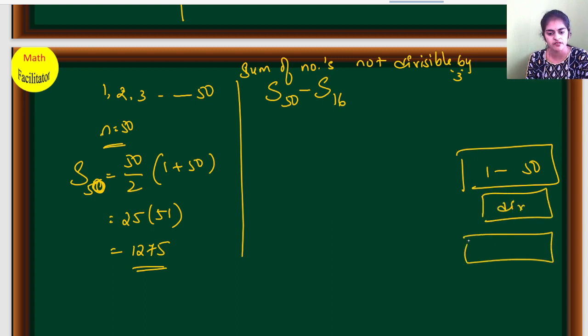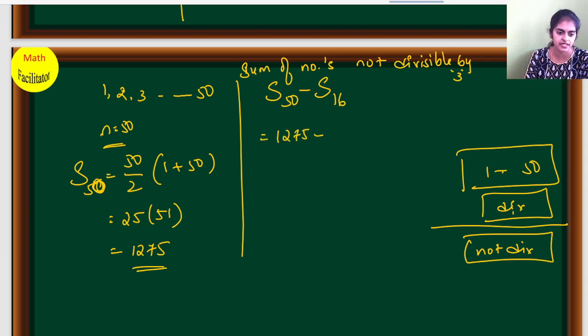If I subtract these two, I'll get the sum of the numbers not divisible. So it is 1275 minus 408. You will get the PDF again, so you can go through all of these questions again. So this is the answer.